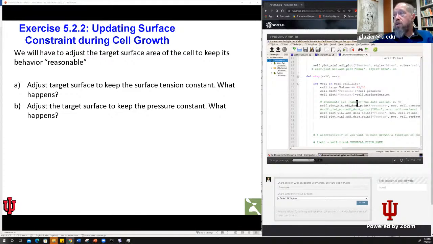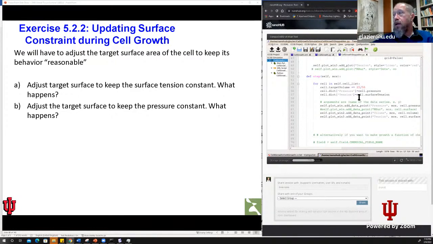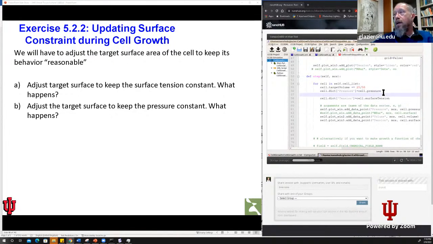So to keep the tension constant, I could come here, and I probably want to do it before rather than after here. And I could say cell.target surface equals cell.surface minus some number, n.